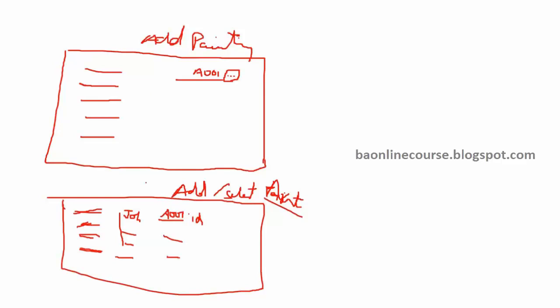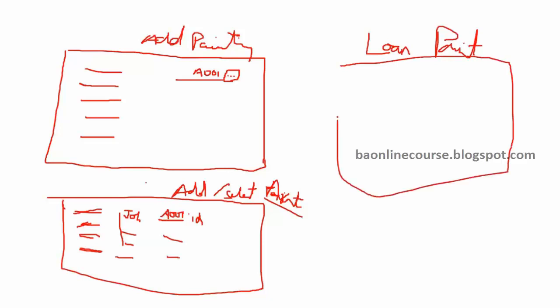Similarly, when you loan a painting, what do you do? We'll have a date of loan, for how long a period you want to loan, and details of the loaner.